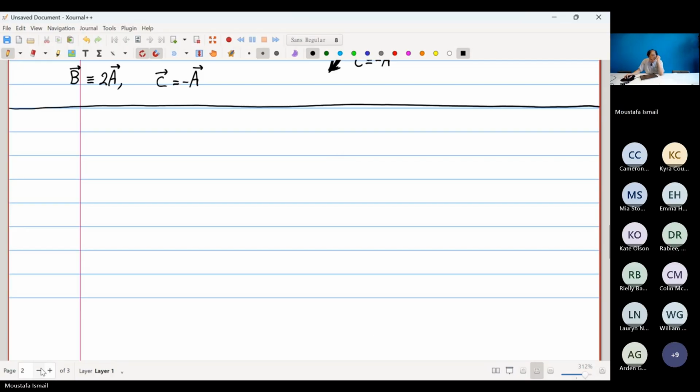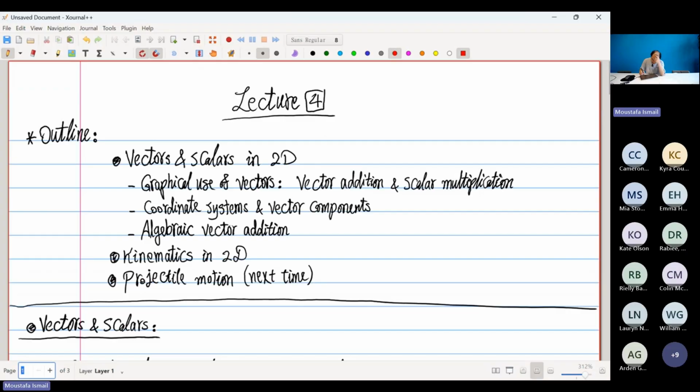So far in our outline, we did this one, and this is the one we're at. So coordinate systems and vector components.